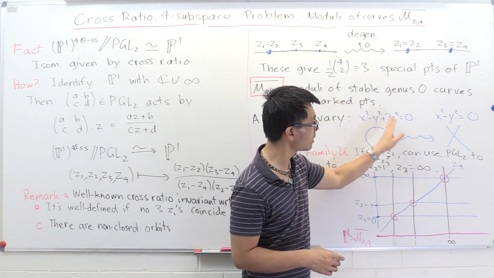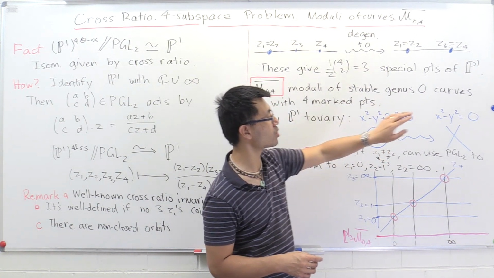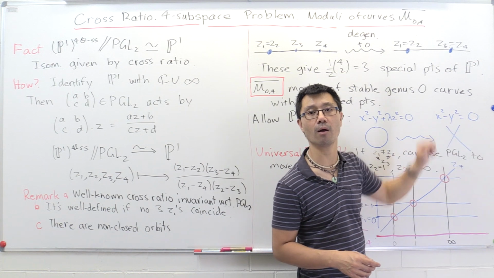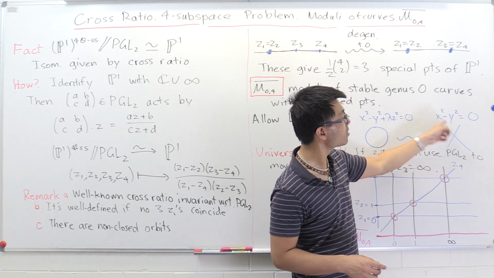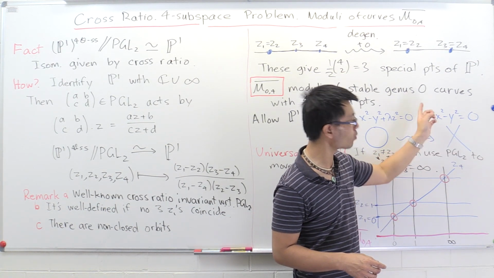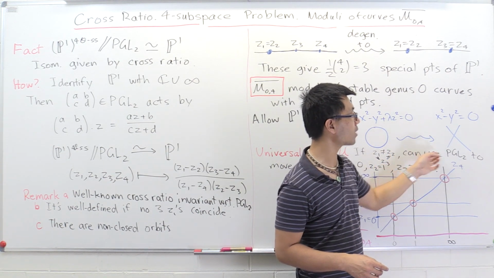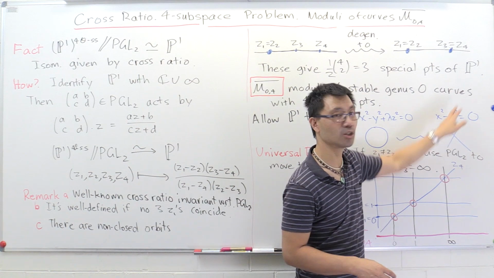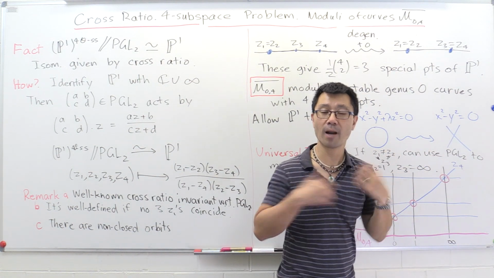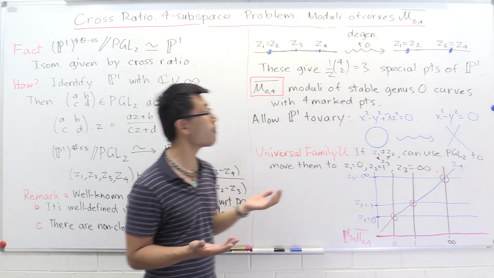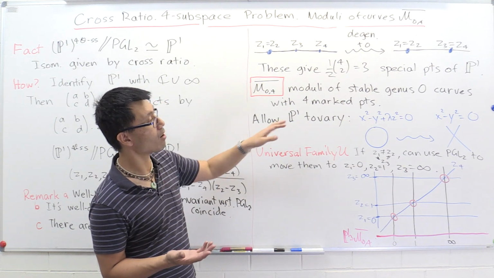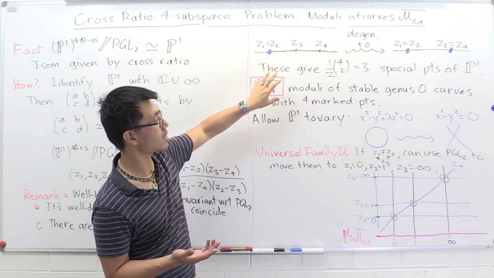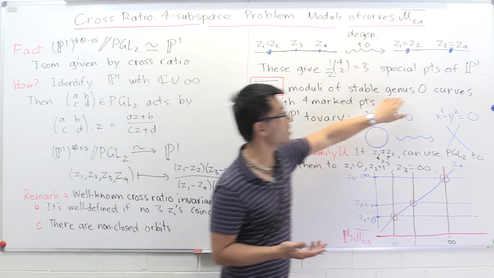As you let lambda go to 0, this degenerates to x squared minus y squared equals 0. In that case, this factors as x minus y equals 0, that's one line, times x plus y equals 0, that's the other line. So this P1 can actually degenerate into 2 lines. But otherwise, we're going to have essentially the same problem. So it's going to be 4 points on this stable genus 0 curve.